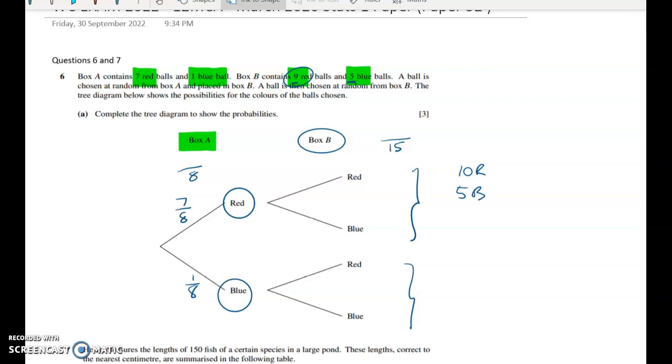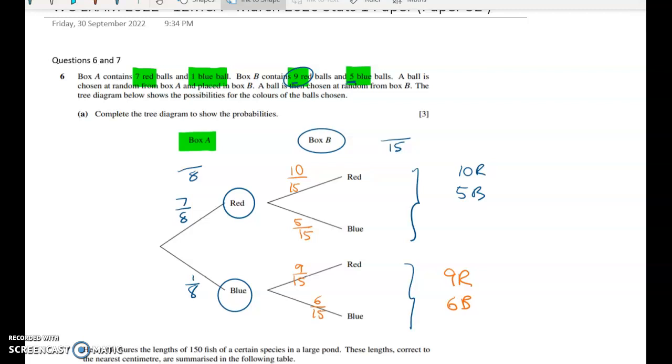But if the first one chosen was blue, I really should not be using a blue pen here because it's going to confuse all of you, we will have 9 red and 6 blue. And that's about all there is to this question, right? So here it will be 10 red out of 15, 5 out of 15. Don't worry about simplifying those fractions. And here 9 fifteenths and 6 fifteenths down here.